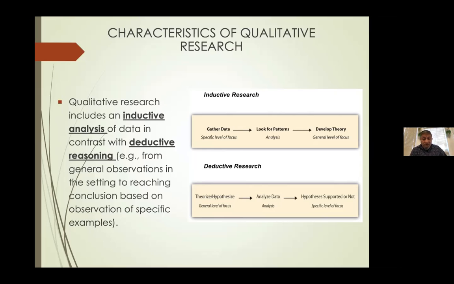So deductive research theorizes, hypothesis, right? General level of focus, analyze data, analysis, hypothesis supported or not supported, meaning we find out whether the alternative hypothesis is true or whether we keep the null hypothesis, which are terminologies that I talked to you about last week as well. So let's see the next slide.